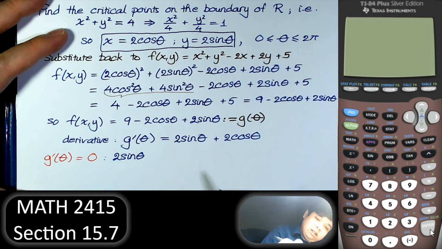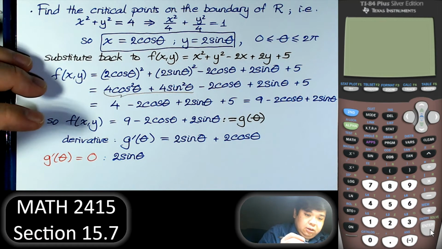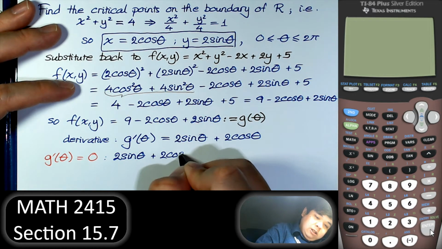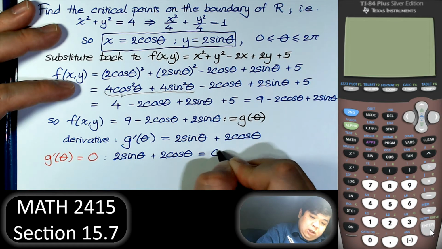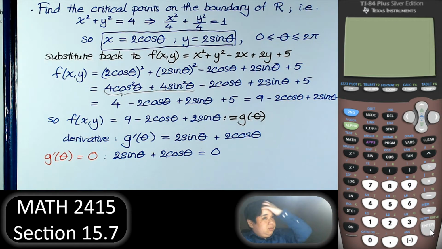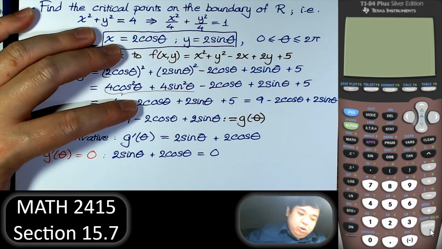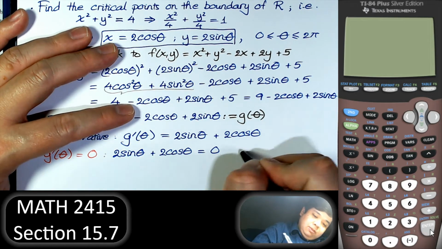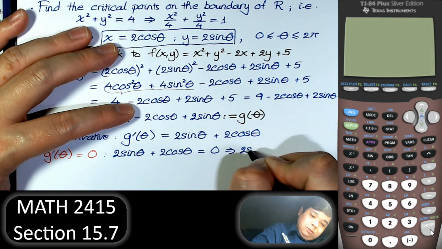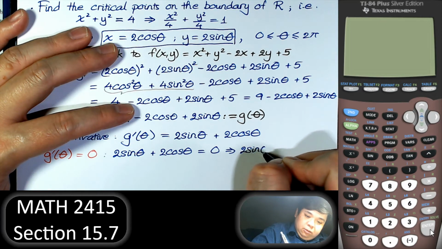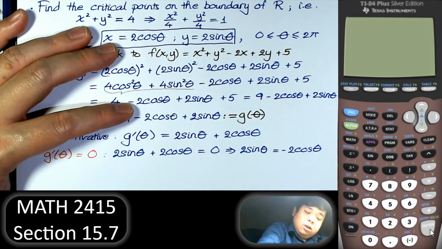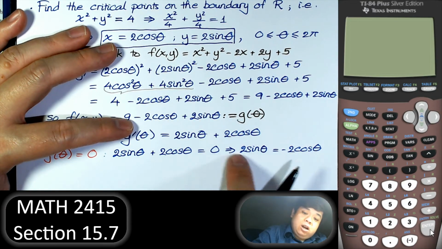Two sine theta plus 2 cosine theta equal to 0. Right, and to solve for this, I move the cosine to the other side, and then divide by cosine and divide by 2.